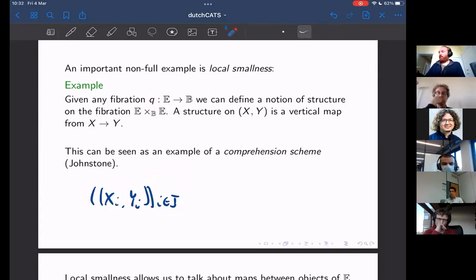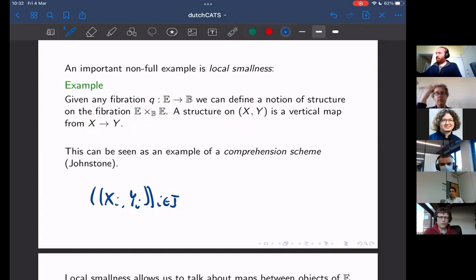Okay, so we can define a fibration here, and then we can define a notion of structure on this fibration of pairs of objects. So what is a structure? Well, a structure on a pair of objects is just a vertical map from X to Y.